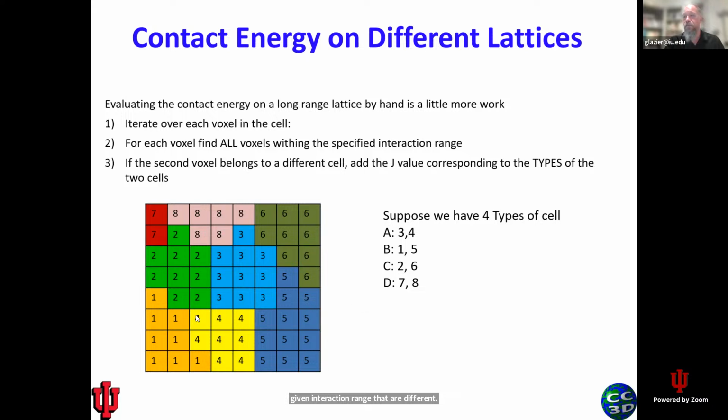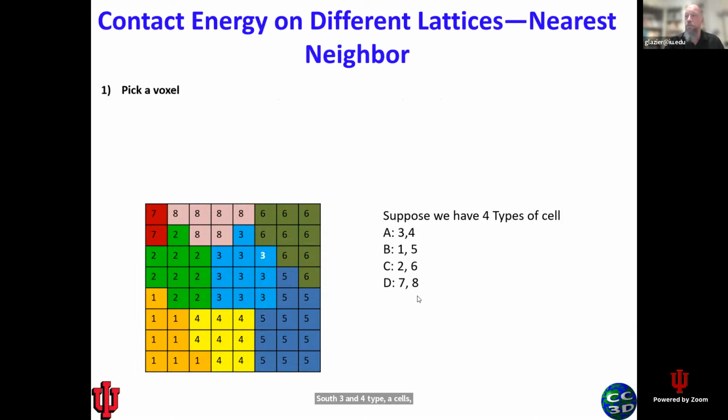Here I have a picture with 8 cells in it. We have 3 kinds of cells by color. Actually, the colors are by cell ID, not by type. So we've said cells 3 and 4 are type A, cells 1 and 5 are type B, cells 2 and 6 are type C, and so on.